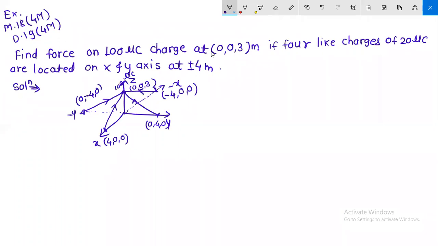Okay, now all forces are acting on this fifth point.